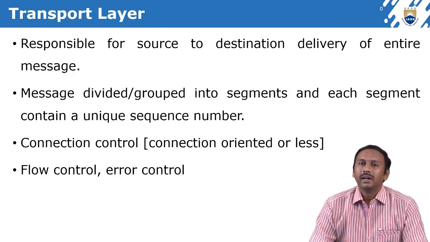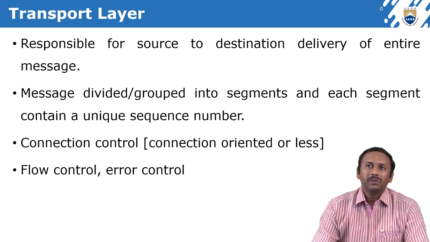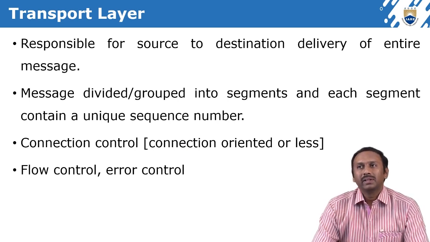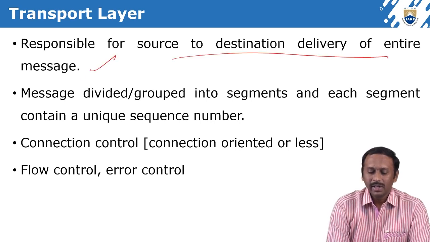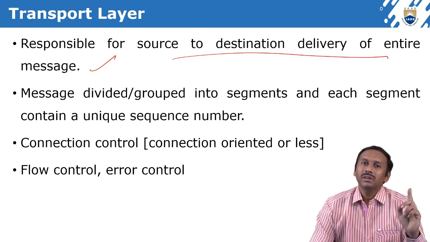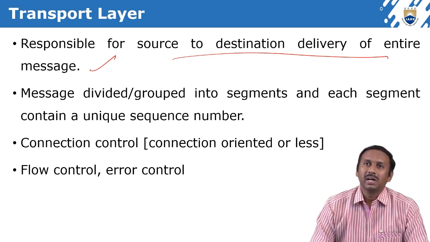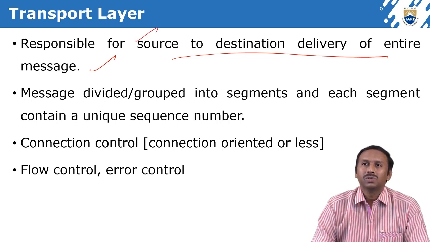The next layer is the transport layer. This transport layer is responsible for source to destination delivery of the entire message. Okay, source to destination delivery of the entire message. The previous network layer also has a similar responsibility, and the transport layer has the same responsibility for source to destination delivery of the entire message.